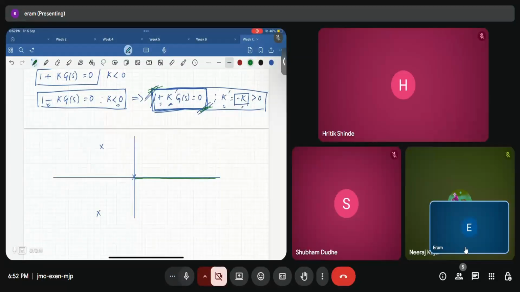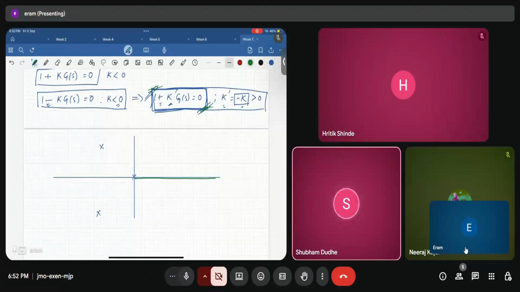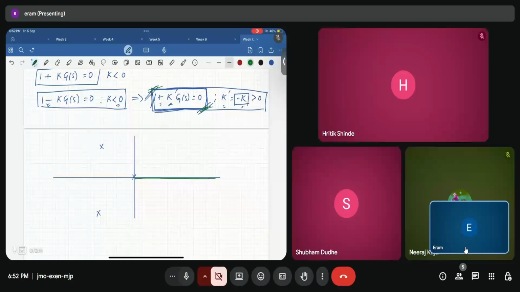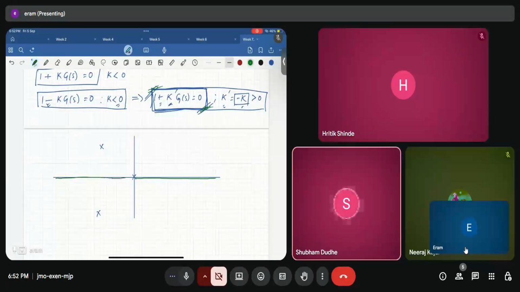Okay, and in that case it says that the real part will lie on the root locus if on the right of it we have an odd number of open loop poles and zeros. So this part, is there any odd number of poles and zeros to the right? No. So this part is not going to lie on the root locus. What about this part?